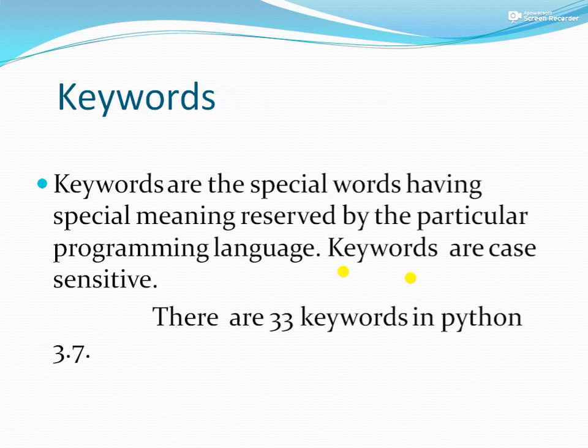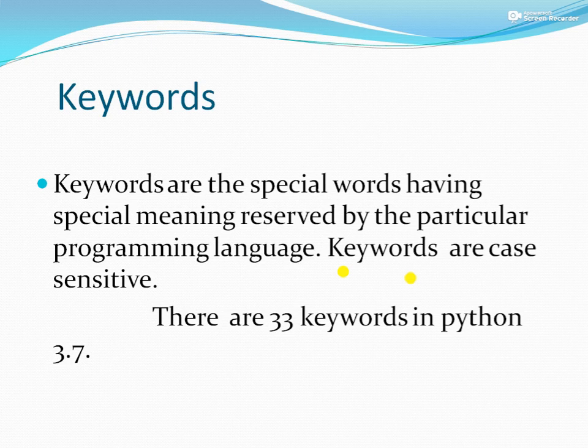Keywords. The next topic is keywords. Keywords are the words whose meaning has already been explained to the Python interpreter. A keyword cannot be used as a variable name, because if we do so, we are trying to assign a new meaning to the keyword, which is not allowed by the computer.